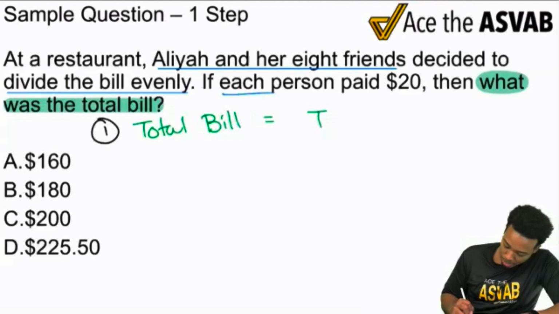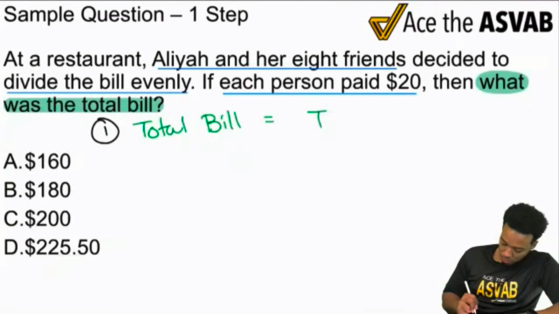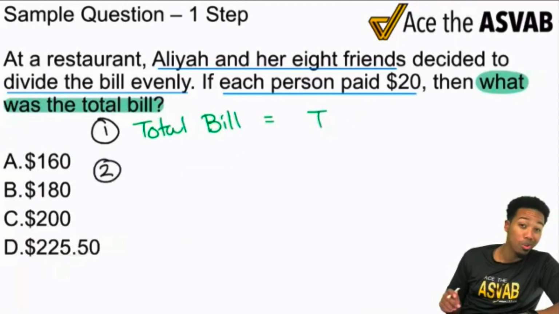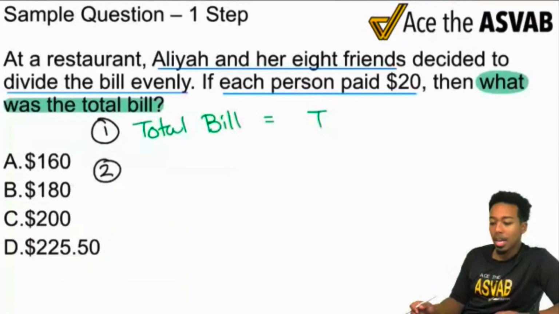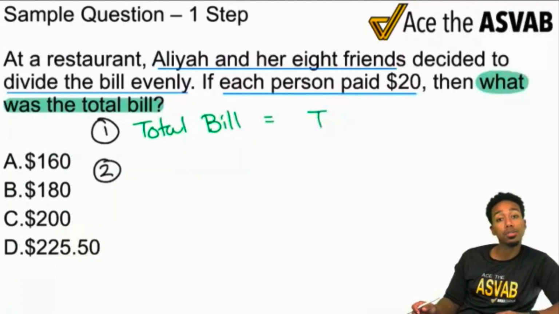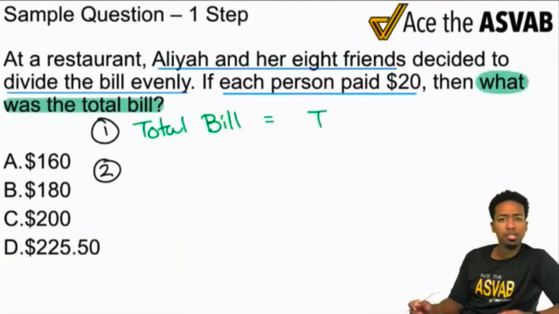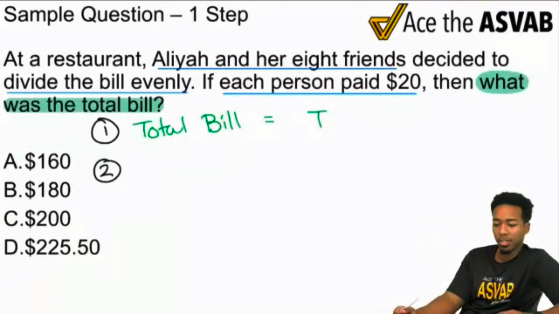Each person paid 20. So this is where reading is really important, being very attentive to details. I know some of us here are thinking that the answer is 160. Yes or no? Who here thinks that the answer is 160?